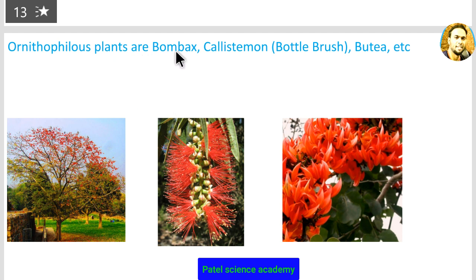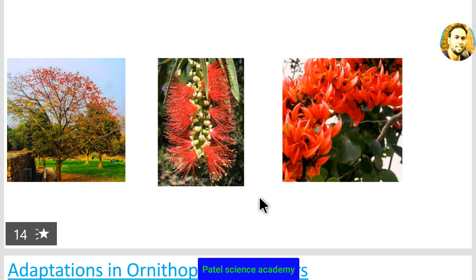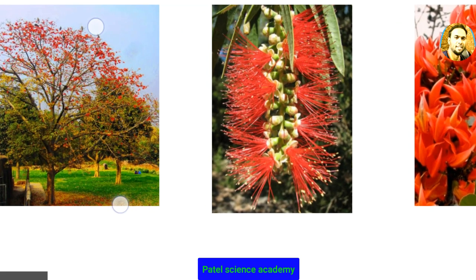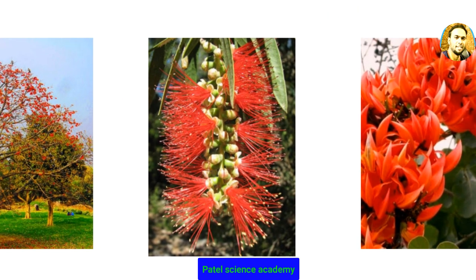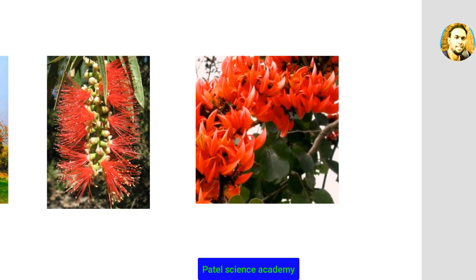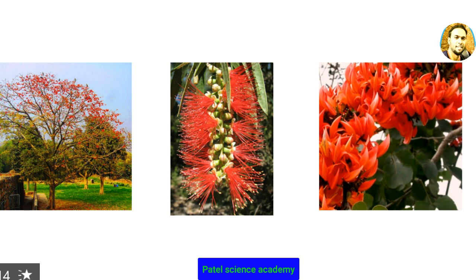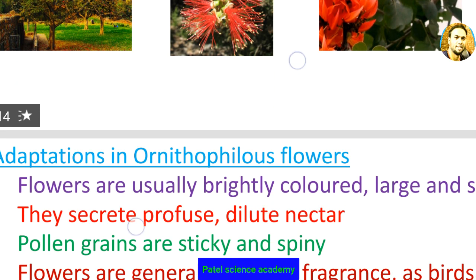So ornithophilous plants are bombax, callistemon, that is bottle brush, and butea, etc. As you can see here, these are the different flowers of the different plants, in which the process of ornithophily is followed.